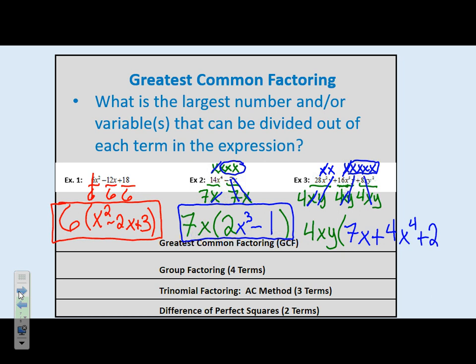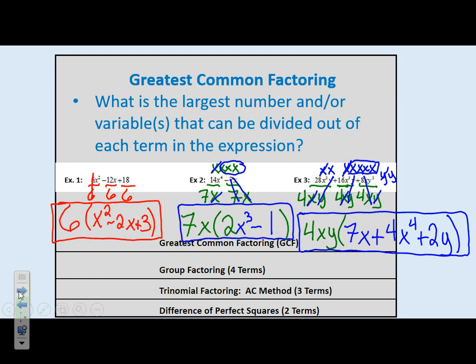My x's cancel. Now I have 2 y's. Only one of them is canceling, so I'm going to be left with y at the end. This, ladies and gentlemen, is my final answer when I take out my greatest common factor. So I'm taking out the largest number and the number of variables that are possible to be taken out.